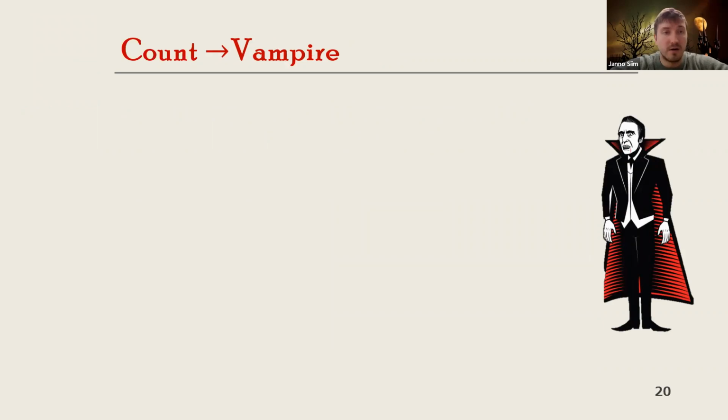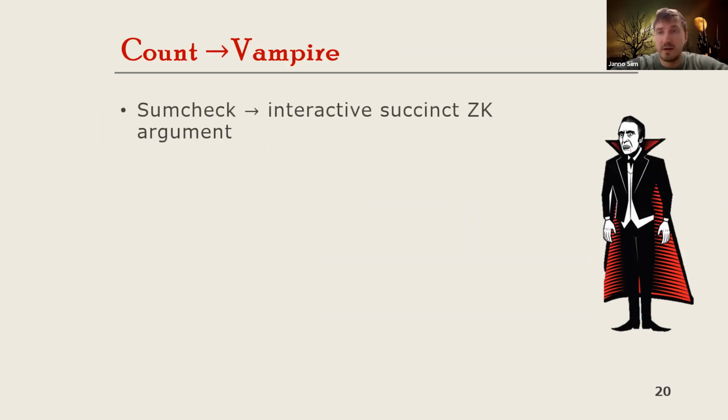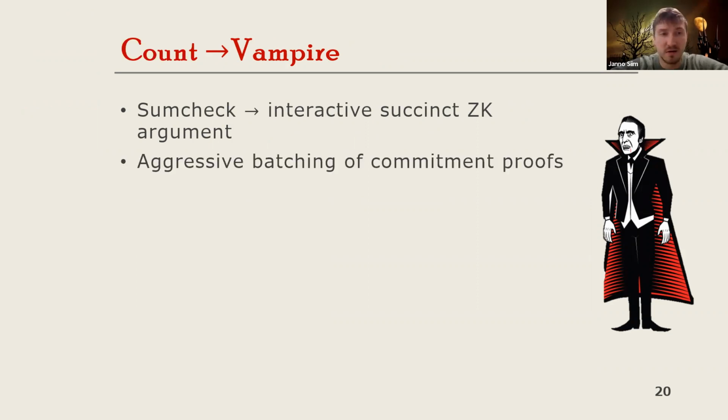Okay, so what do we in the end achieve? So we have now a succinct argument. From this, based on the scheme that I showed before, we can get an interactive, succinct zero-knowledge argument. Then on top, we will use some very aggressive batching techniques to reduce the opening proofs used for commitments.